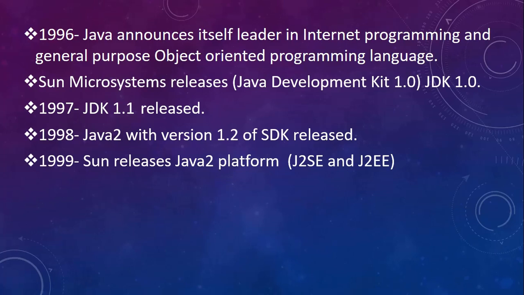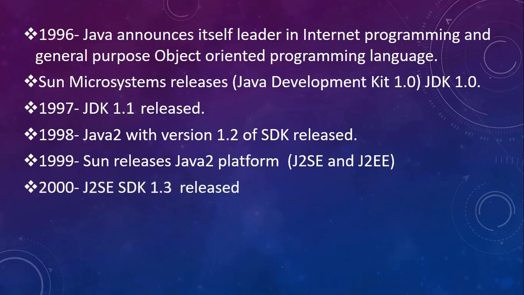Two major platforms were released. One is J2SE, that is Java 2 Standard Edition, and the other is Java 2 Enterprise Edition. Enterprise Edition contained tools for designing enterprise solutions for the industry.